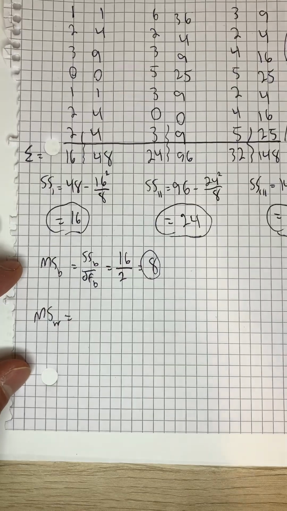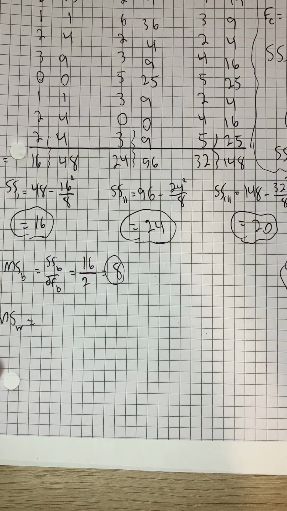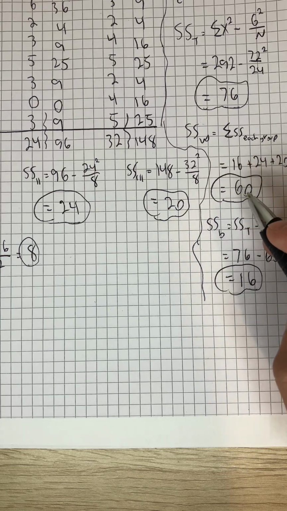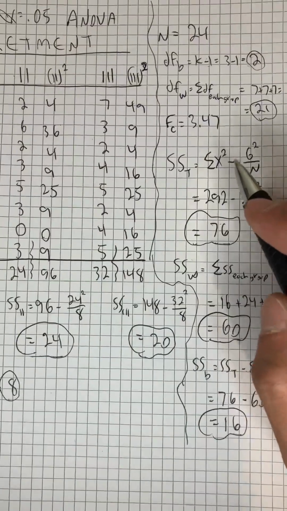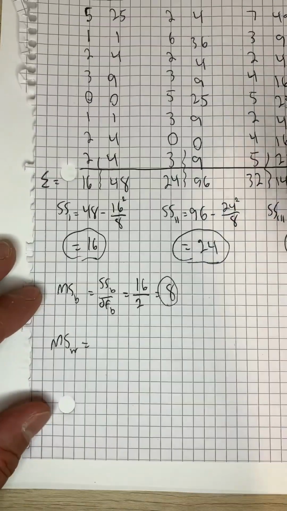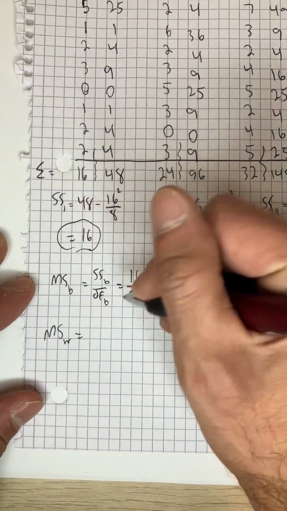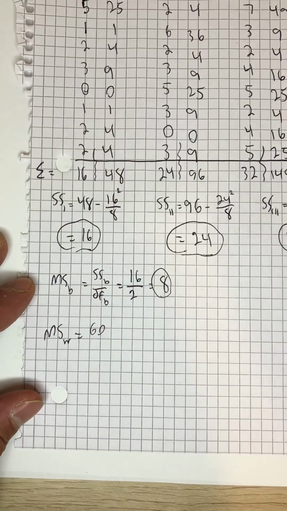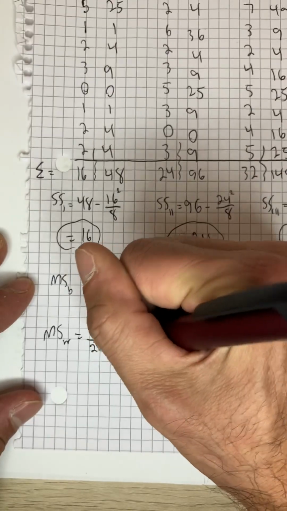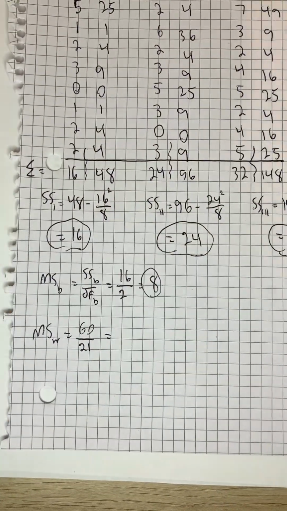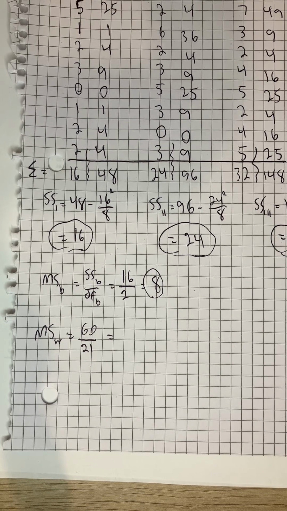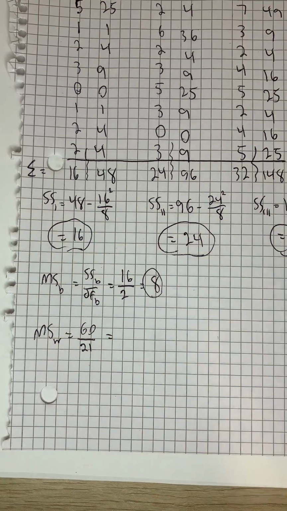Mean squares within is sum of squares within, 60, over 21. That is 2.86.